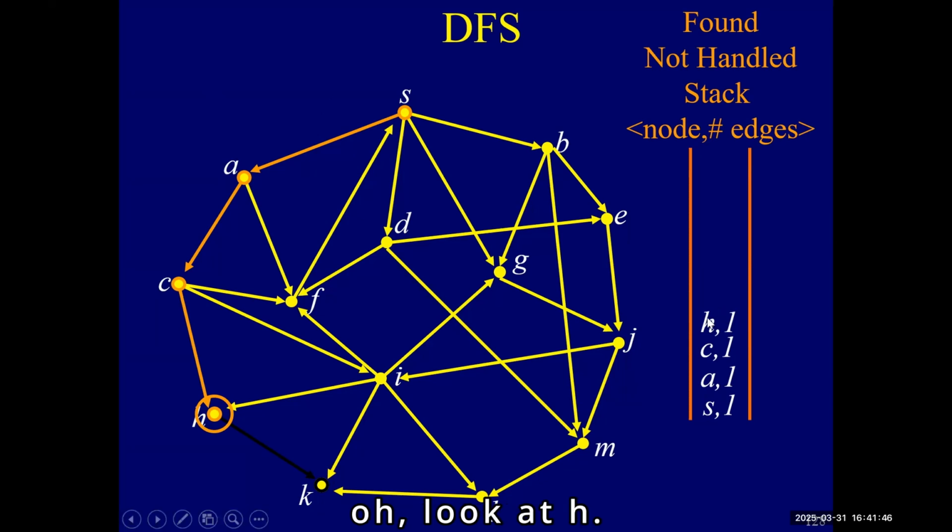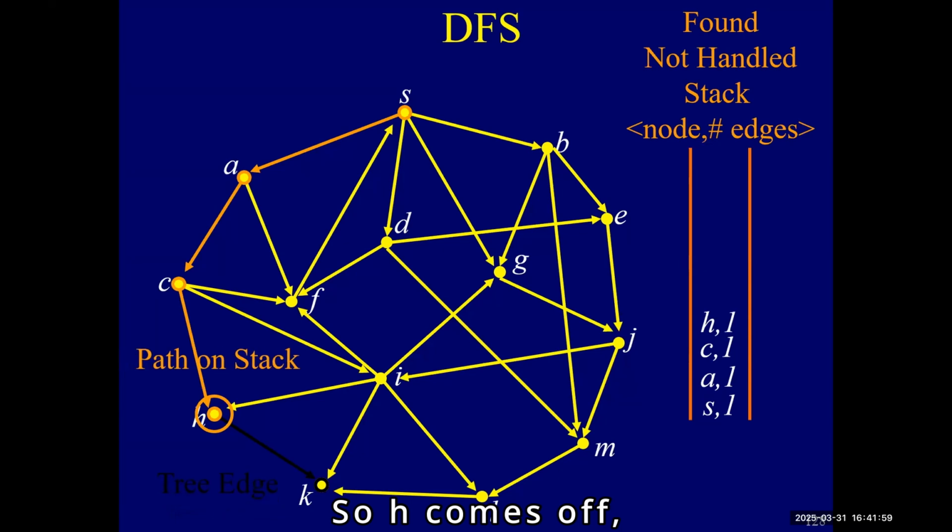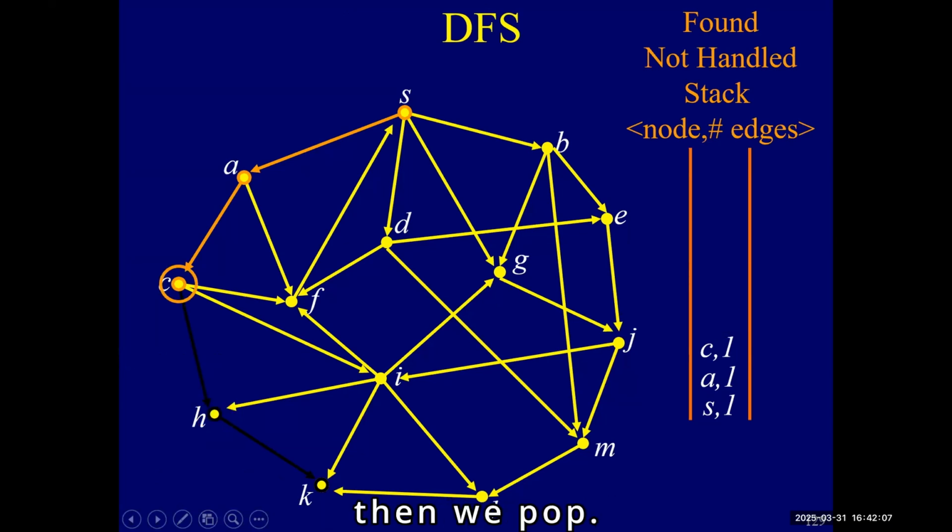And now we say, oh, look at H. We've handled H's first edge. So we handle H's second edge. Oops, H has no second edge, right? So H comes off, right? This is just noting that these are the guys on the path and this is a tree edge, right? Just what I said.